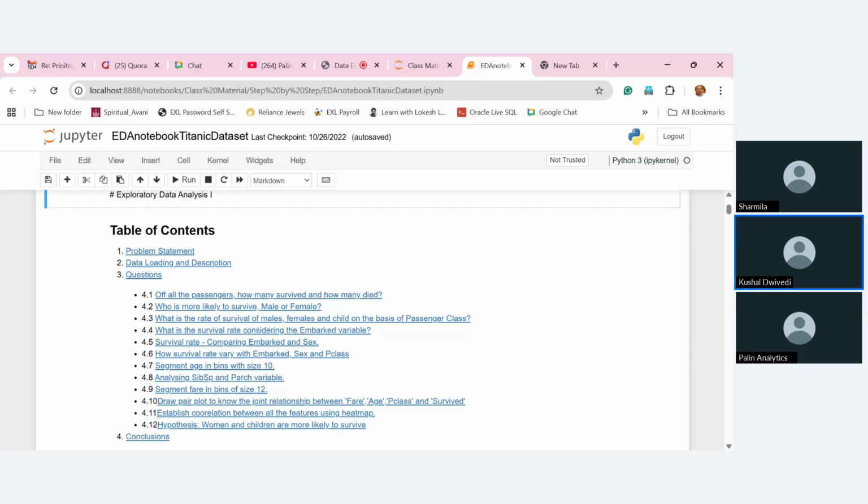But ultimately, what we are trying to identify is whether we can give a loan to this customer or not. So loan approval, yes or no, is our predicted variable. This prediction is dependent on many other variables that exist inside the data. So this variable is called the dependent variable or predicted variable.